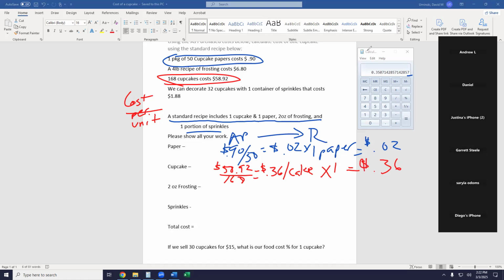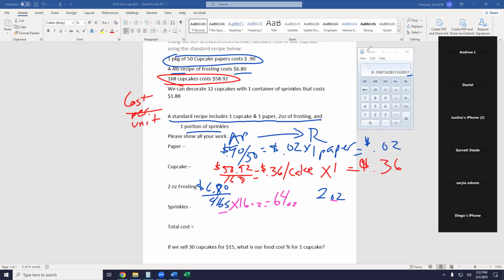Next is the frosting. We have a 4 pound recipe of frosting and it costs us $6.80. So I take $6.80 divided by 4 pounds. My recipe unit is 2 ounces. Do my units match? No, they do not. So I need to get them to match. How do I get them to match? Ounces. Okay, Zarina says to convert the pounds to ounces. So we multiply by 16 ounces and we get 48 ounces. Sorry, 64 ounces. Thank you, I said it so confidently.